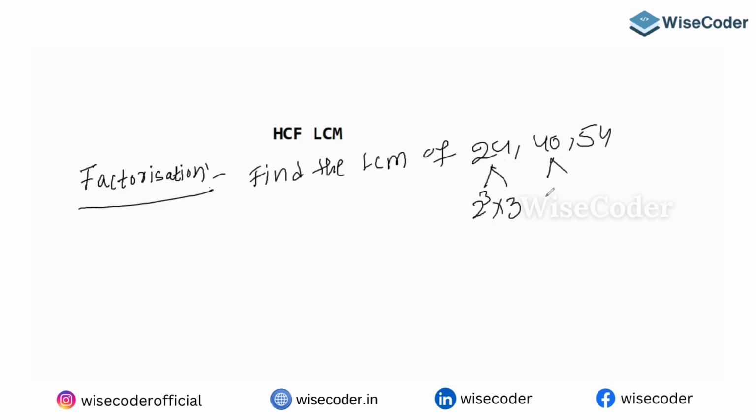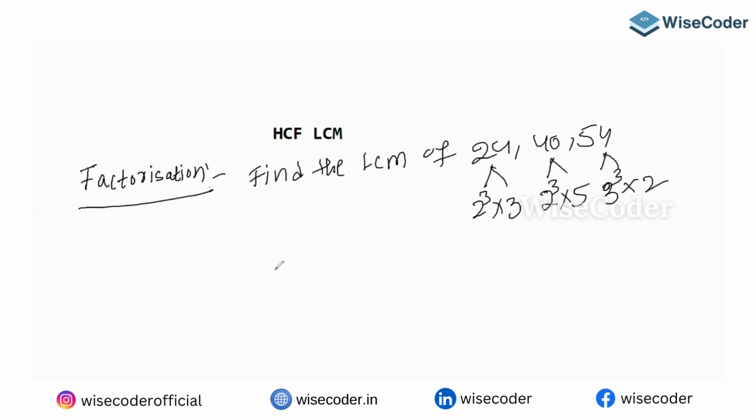And 40: 8 times 5 is 40, which means 2 cube into 5. 54: how are you going to write 54? 7 times 5 is 35, 7 times 6 is 42, 42 plus 7 is 49, plus 7 gives 56, no. So 9 times 6, that is 27 into 2. 27 is 3 cube, so 3 cube into 2. Yes, 27 into 2 is 54.